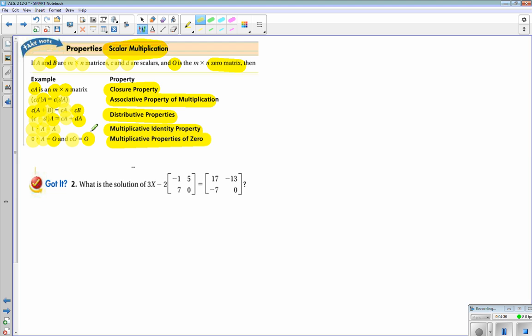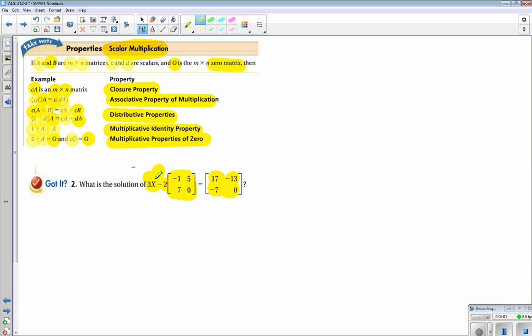All right, so let's look at this one. We have 3 times a matrix minus 2 times a matrix with elements is equal to 17, negative 13, 7, and 0 matrix. We want to know what the solution is.